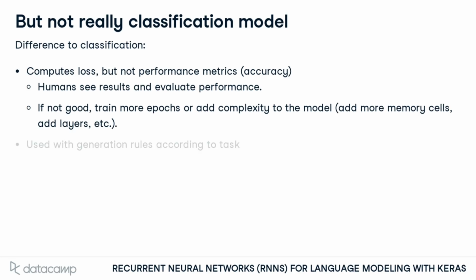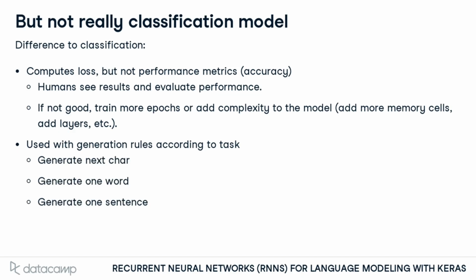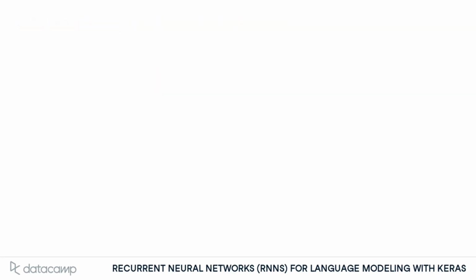Also, depending on the task you are working on, it will be of interest to generate one character or word or sentence or paragraph, etc. So the output of the model is not the final result and needs to be further managed. Apart from generating text from TV show characters or poetry, there are other applications for text generation.